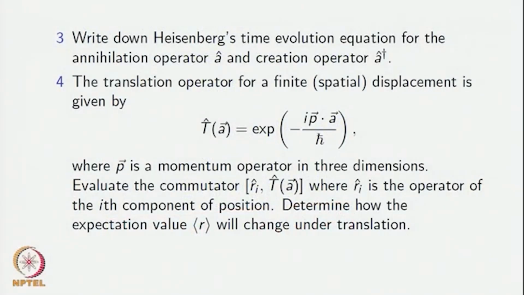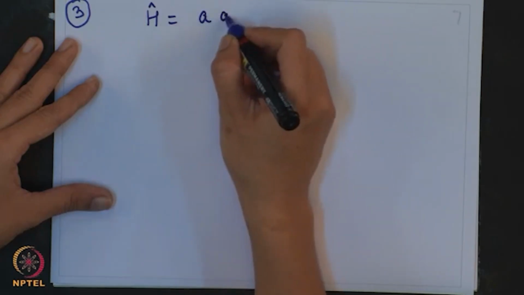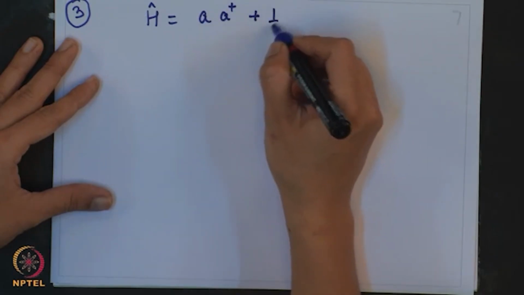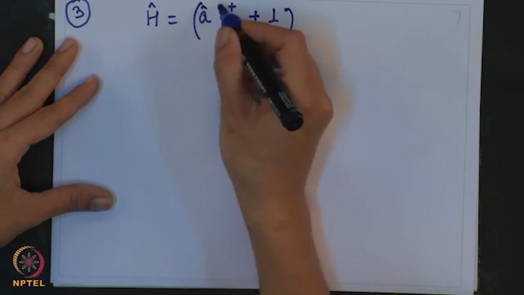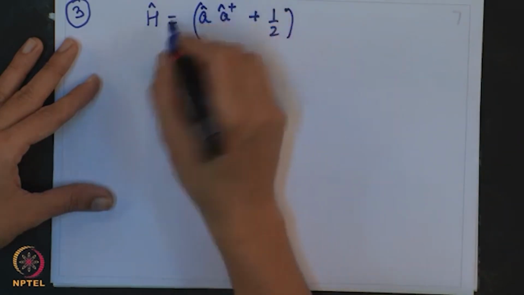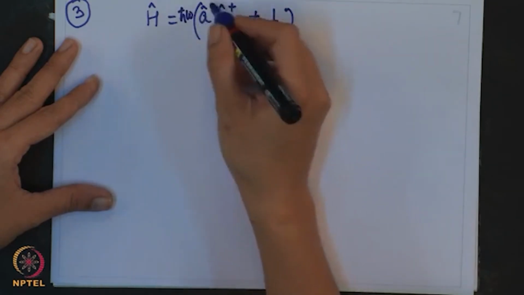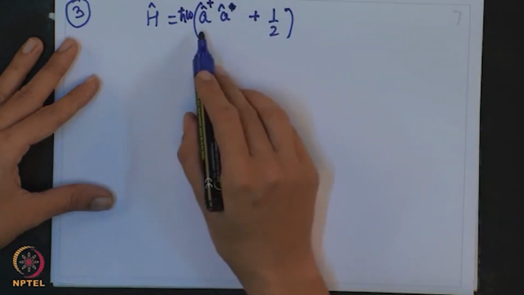Write down the Heisenberg time evolution equation for the annihilation operator A and the creation operator A dagger. So, for the ladder operators, we have to write the time evolution equation. In the third problem, let us start by assuming that the Hamiltonian operator is invariant in time. It is time invariant, because we know the Hamiltonian operator is written as h cross omega times A dagger A plus half.